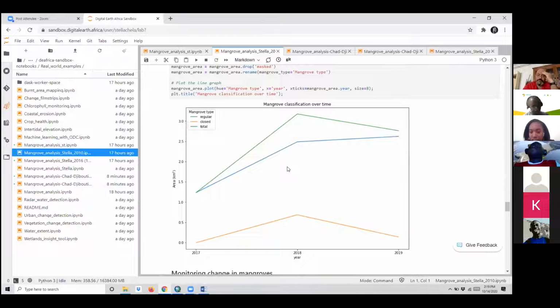You can see there was some change, especially in the closed boundary between 2017 to 2018, and then there was a reduction between 2018 to 2019.